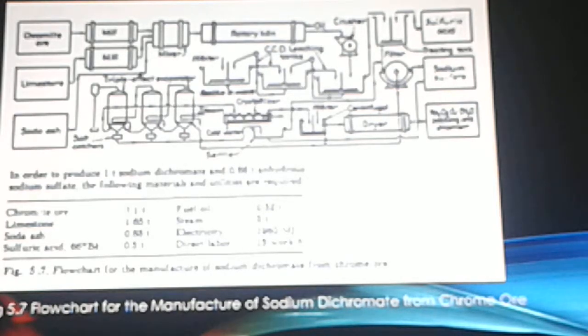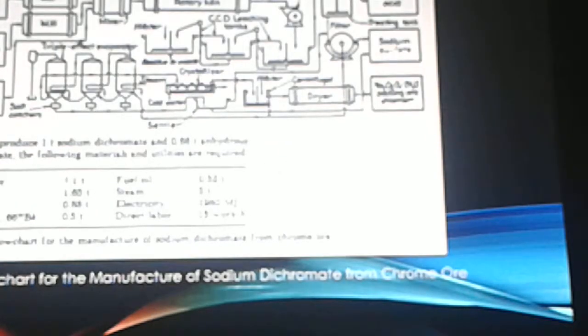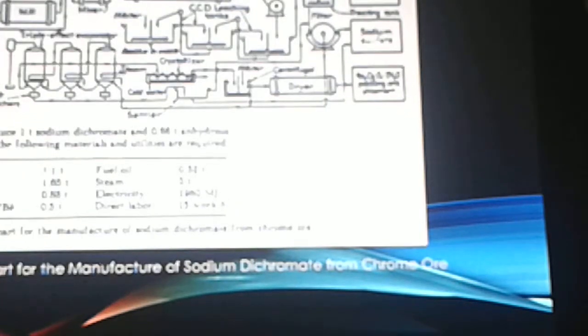So the starting material for the manufacture of sodium dichromate and other chromium compounds is chromite. The ore is ground to 200 mesh, mixed with the ground lime and soda ash, and roasted at approximately 1200 degrees Celsius in a strongly oxidizing atmosphere.